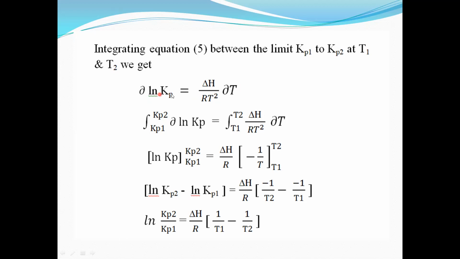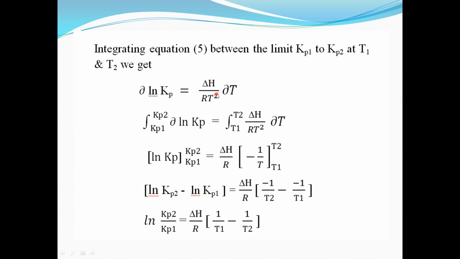Now you have to integrate it. Integrate the above equation: integrating the partial derivative of ln Kp with limits Kp1 to Kp2 is equal to the integration of the right-hand side, delta H upon RT square into dT, with limits T1 to T2.